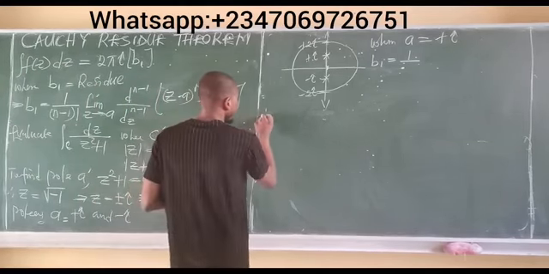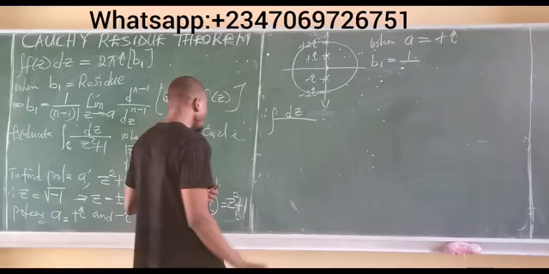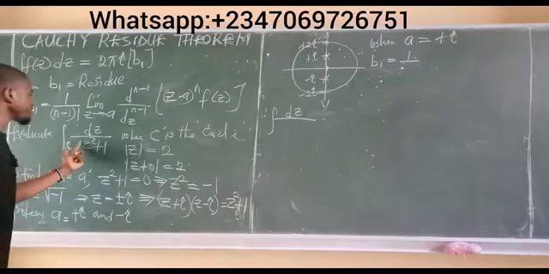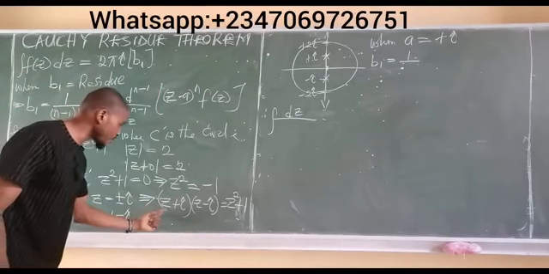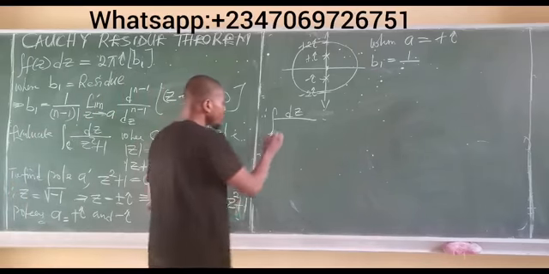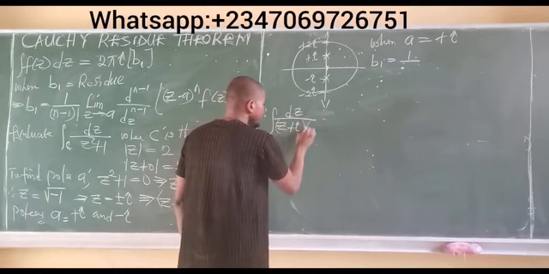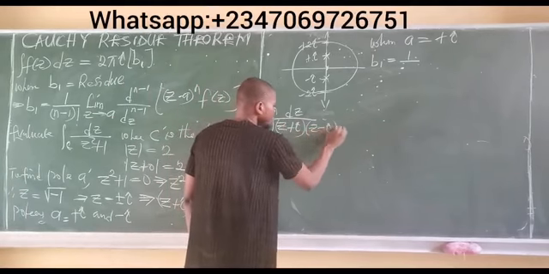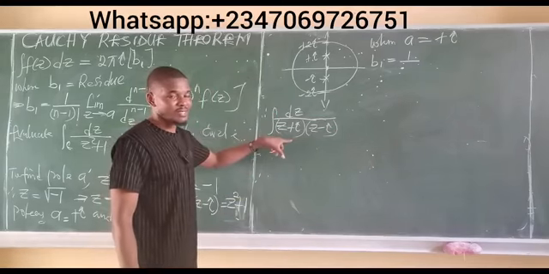Therefore, the integral becomes the integral of dz all over, and we have simply factorized the denominator: z plus I multiplied by z minus I gives us that denominator.